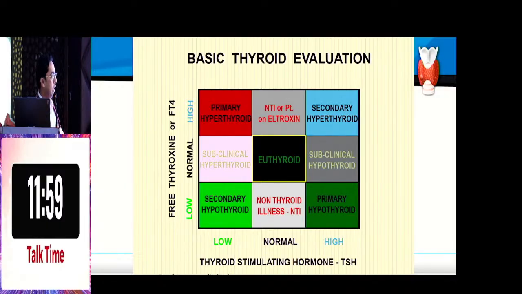Vice versa, when TSH is low and T3, T4 are high, that is primary hyperthyroid. So you should be very clear on these four sections, what to treat and what not to treat.